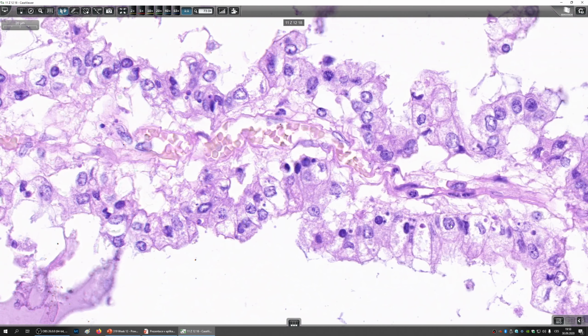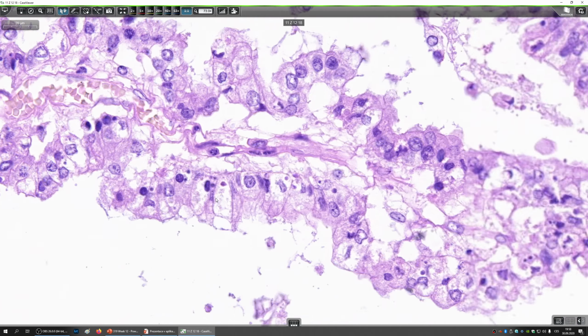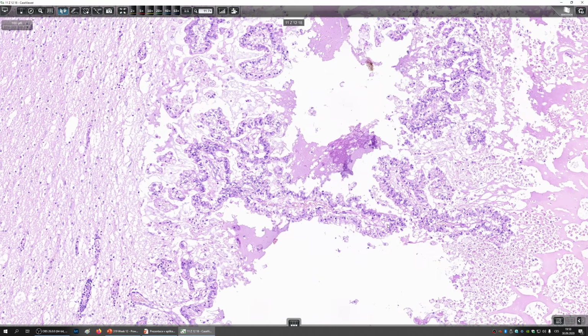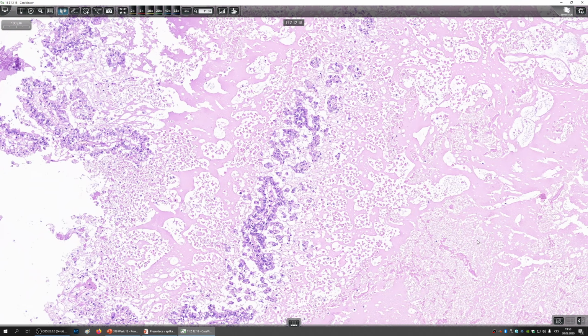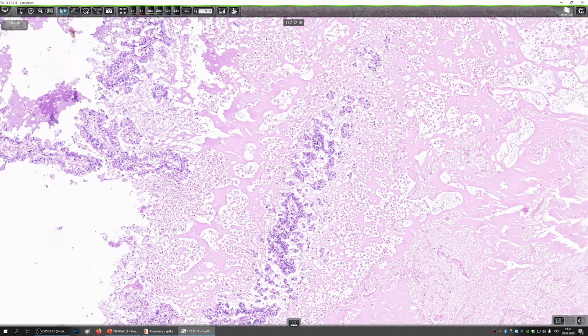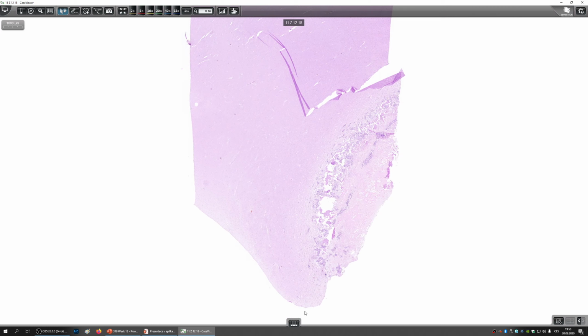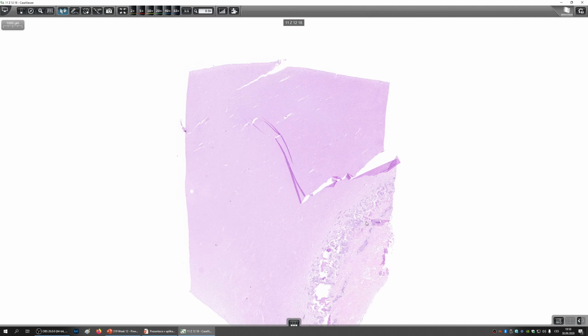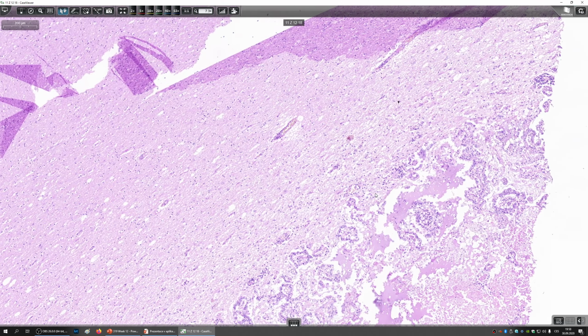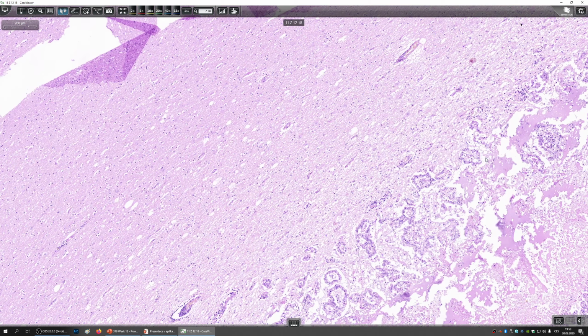Some of them are a bit more vesicular, others have a bit more rough, dense chromatin. And the metastasis is also partially necrotic, so this was a big metastasis, big like this. So it was a few centimeters across, much larger than what you see here. So this is an unfortunate finding, but typical for lung cancer.